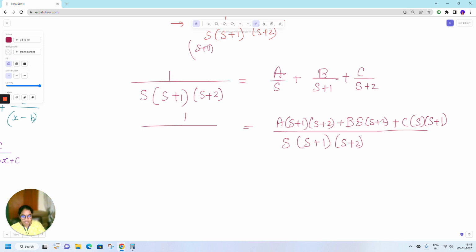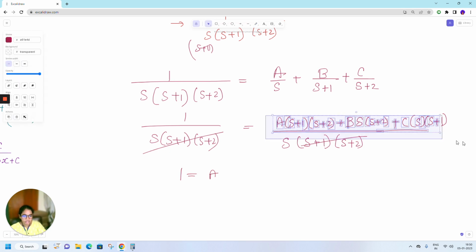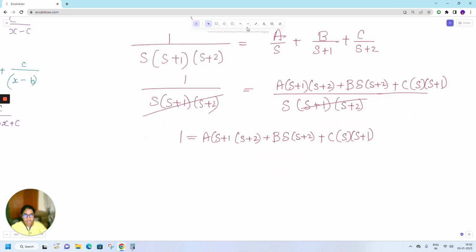And the LHS remains as it is. See, the denominator terms are the same, so it gets cancelled. 1 is equal to, I write this term as it is. So yes, this is what is left, right? The denominator got cancelled. Now I would have to find the values of a, b, c.